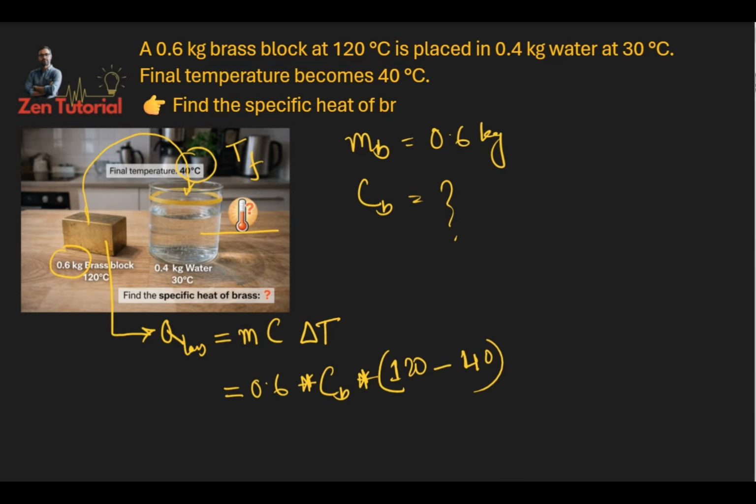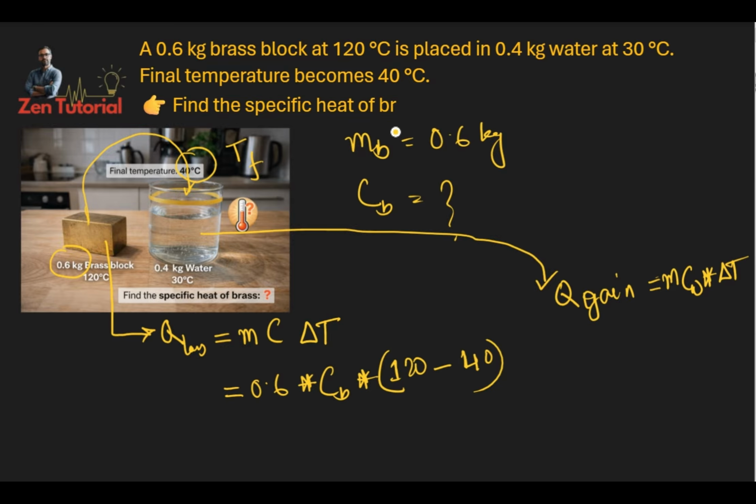And the water, the heat gain actually, because when the brass block is thrown into the water, what will happen? The water actually gains heat from the brass block, and this is mCw ΔT.